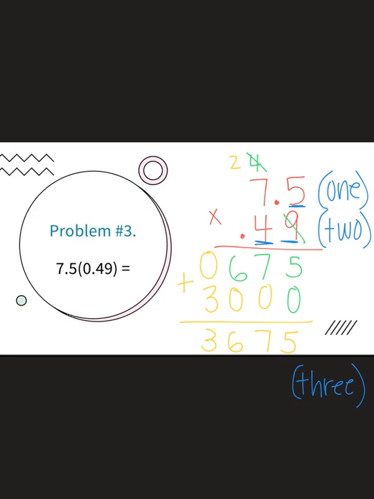So we'll start after the 5 and move 1, 2, 3 places. So our final answer should be 3.675, or 3 and 675 thousandths.